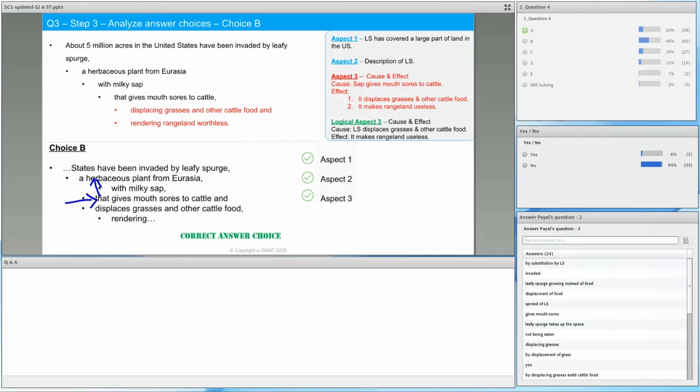Okay, so it makes total sense in the context of this sentence that yes, if the cattle eat leafy spurge, they will still get mouth sore. The meaning is not changing in any which way because it is the leafy spurge that contains milky sap. So if they eat leafy spurge, the milky sap will be secreted and they'll get mouth sores. So no change in meaning at all.